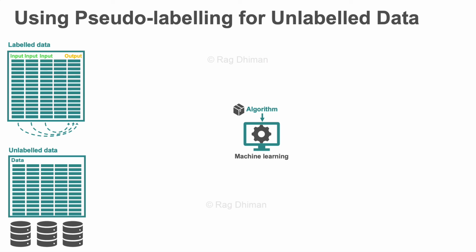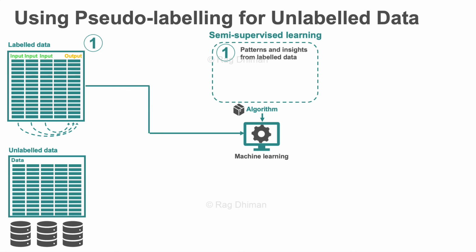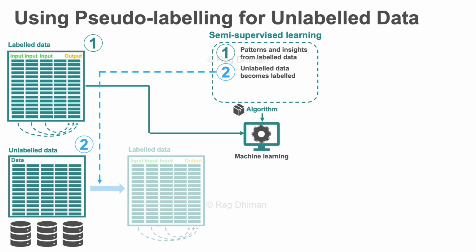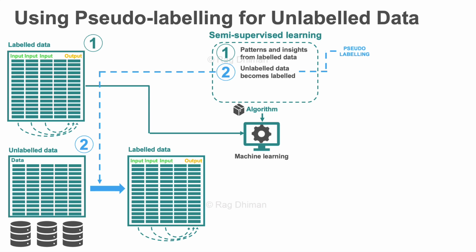The first step can be to process the labeled dataset, to learn what we are trying to achieve from the data. Using the insights learnt from step 1, we carry out an automatic step of pseudo-labeling the unlabeled data. This automatic pseudo-labeling of the unlabeled data using insights learned from the labeled data can involve an entire set of specific techniques and algorithms.